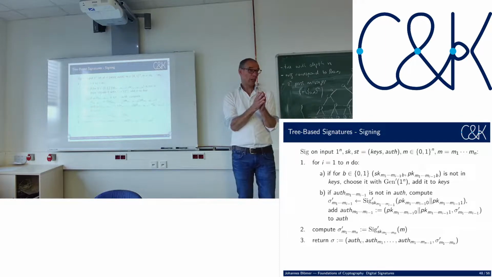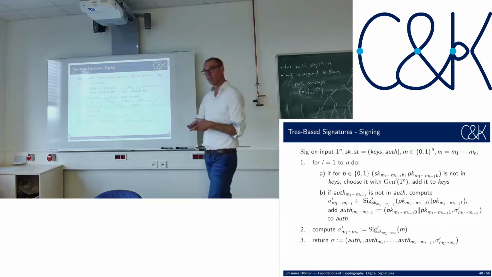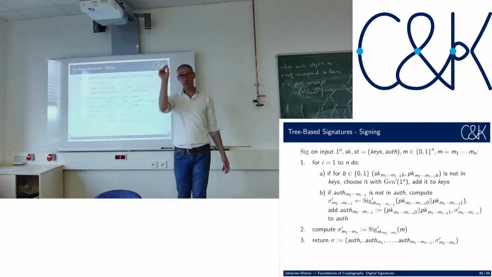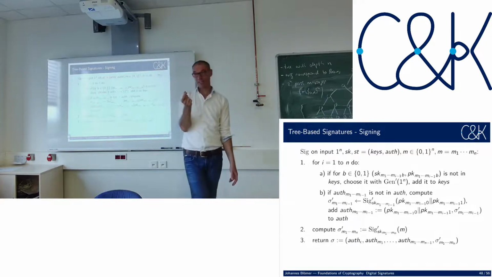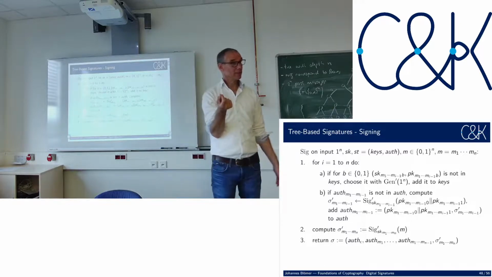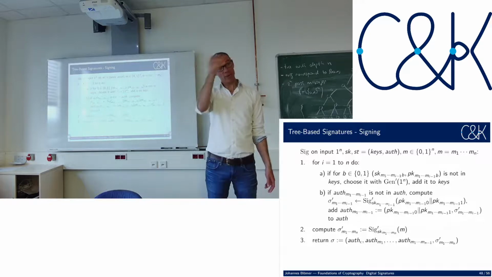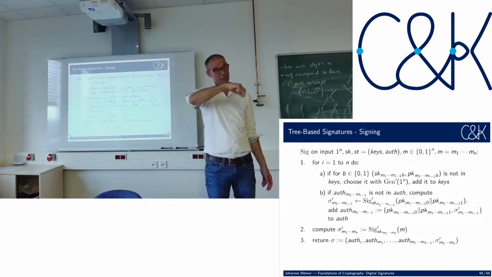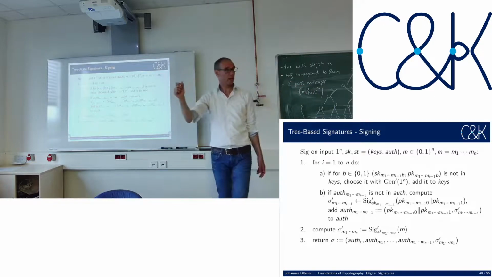So now, why don't we just use pseudo-randomness instead of randomness? If I use pseudo-randomness that depends just on the position of the node, I can recompute the keys as required. You tell me this is a node, I use this pseudo-randomness, feed it into the key generation algorithm, and get my key back.